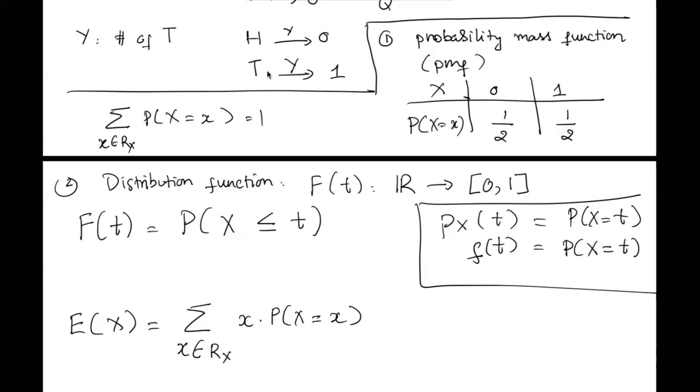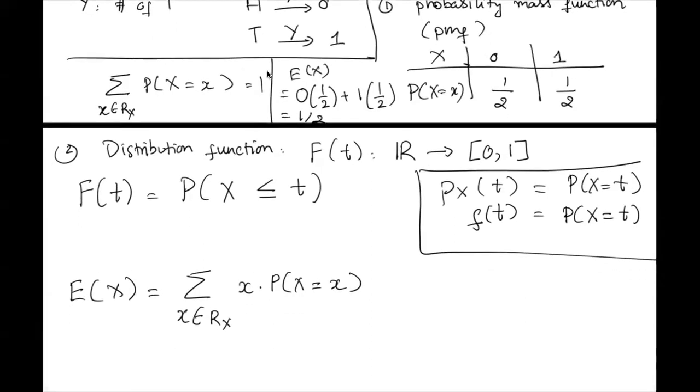For example, if I want to calculate the expected value of this random variable x, I go through all the values in the range of x, take the value, multiply it with the probability that x takes on that value, and then add them together. That is for expected value.